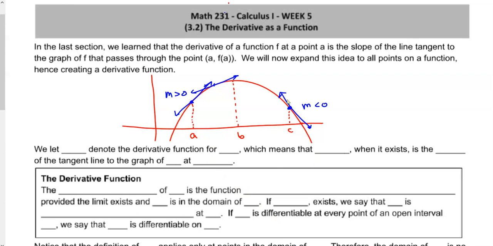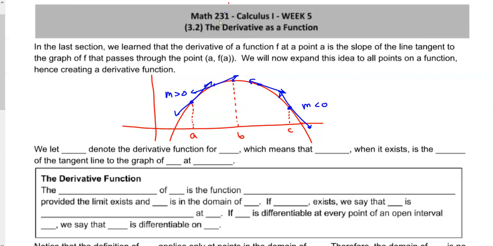You could do the same with a negative. Like this would be like a negative 2, but if I do something like this, this would be like a negative 1/3 or something like that, in which both are negative, but the rate at which they are changing is different. So when graphing things from an original function into a derivative, those things matter, and you want to make sure you keep a hold of that.